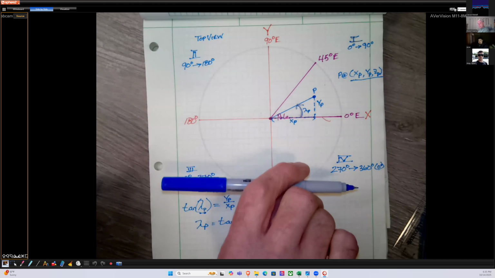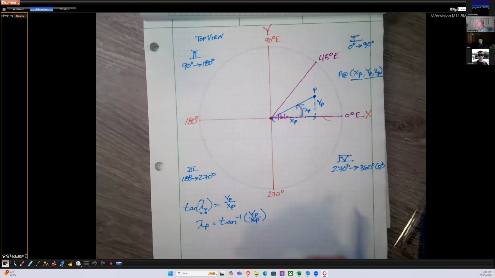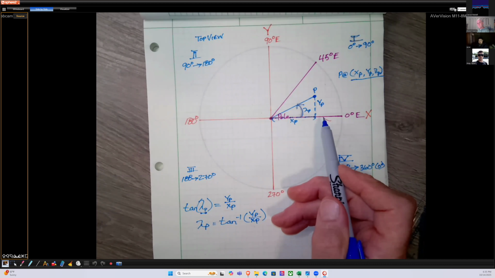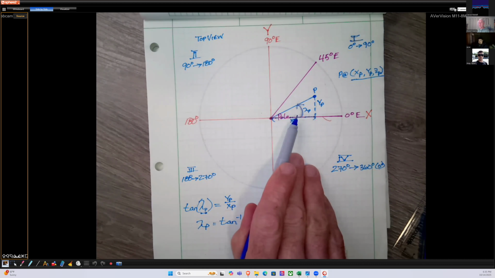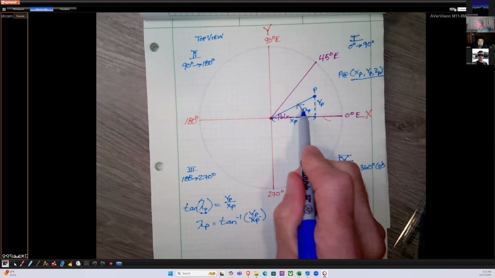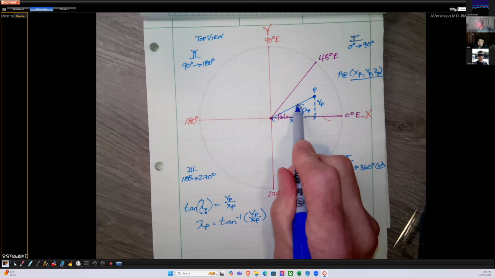East longitude is defined as being the angle counterclockwise from the positive x-axis. So in this case, this is going to return some value. The arctangent function always returns the way we have it set up, this angle here.